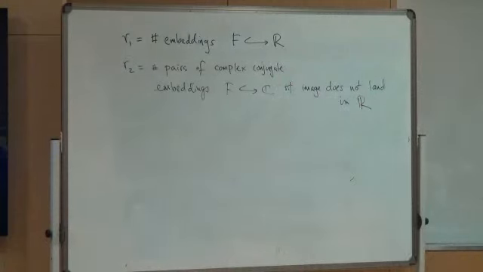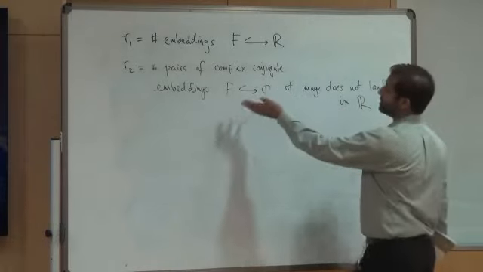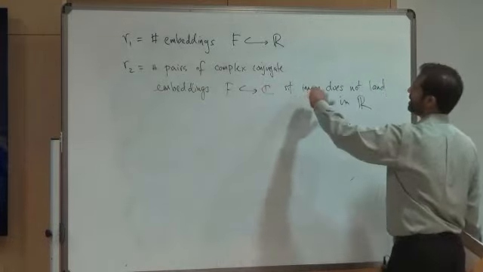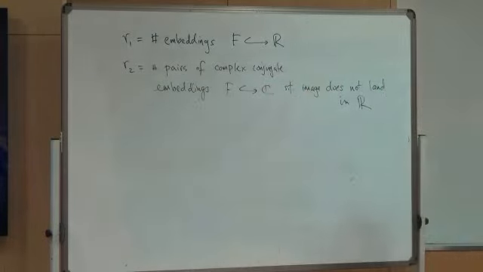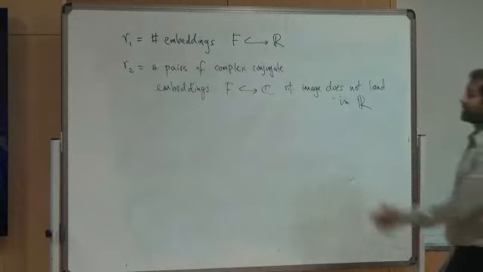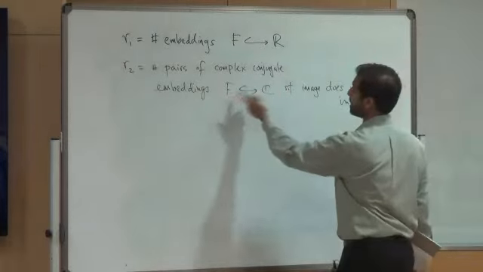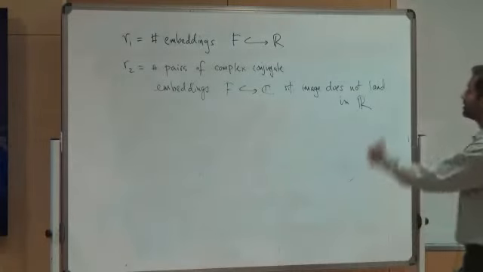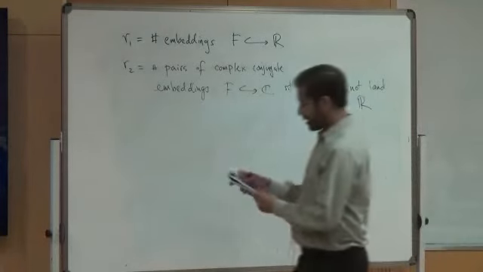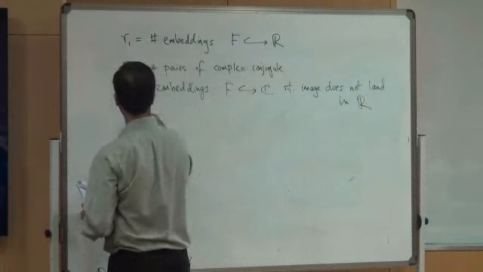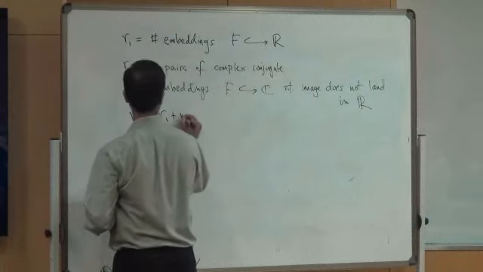So these embeddings show up in pairs, because those two embeddings are different if the image doesn't land in R. So in the examples that I gave, for Q adjoin root 2, r2 would be 0, because both embeddings landed in R. Whereas in Q adjoin i, this number is just 1, because I can go to i or to -i, and those are complex conjugate. Okay, and then the number r is defined in terms of these just by r1 plus r2 minus 1.